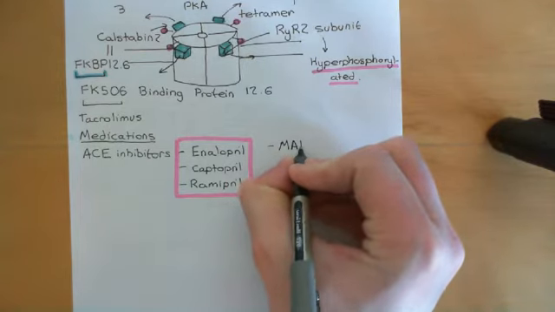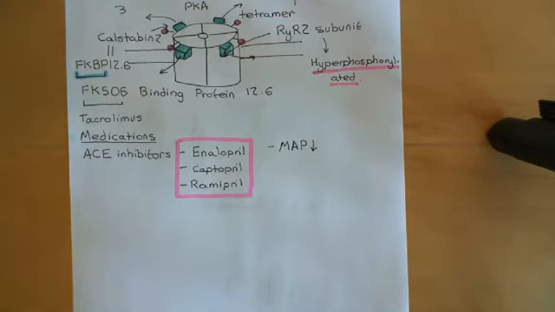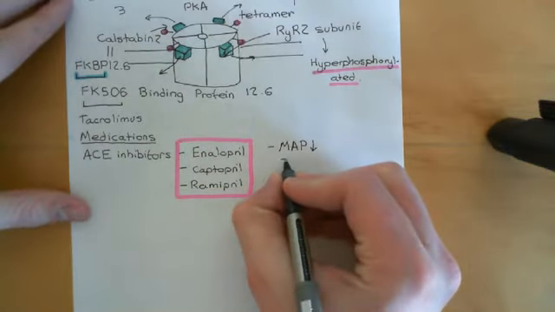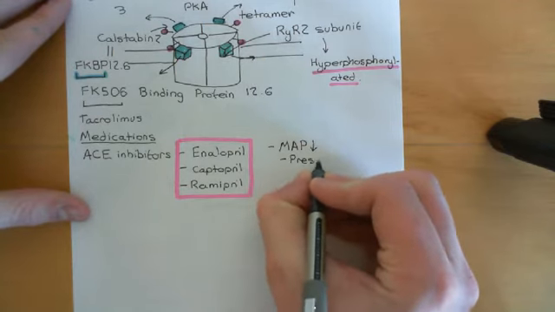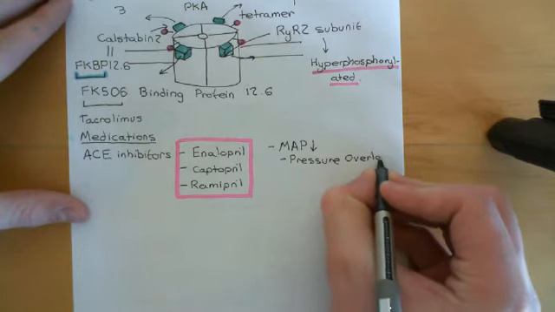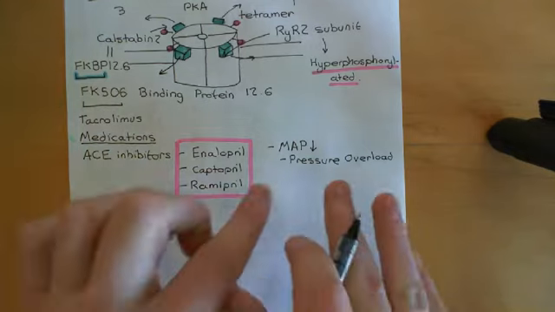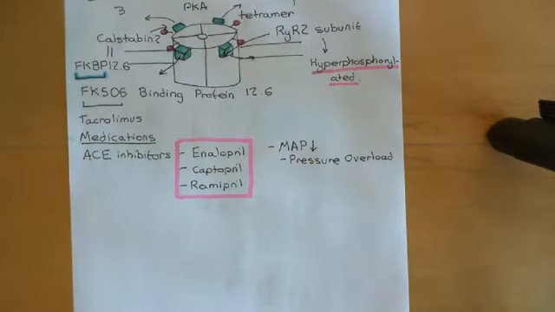Not only is that going to help us to raise the stroke volume of the heart, because now the left ventricle will have to be pumping against a lower mean arterial pressure, so it will be able to eject a greater amount of blood, but also that's going to help to prevent the hypertrophy, because now we're going to reduce that pressure overload. When you had a very high arterial blood pressure, that damaged the heart, because you had to get the pressure in the left ventricle up to that same pressure before blood could eject out of the left ventricle into the arterial system.